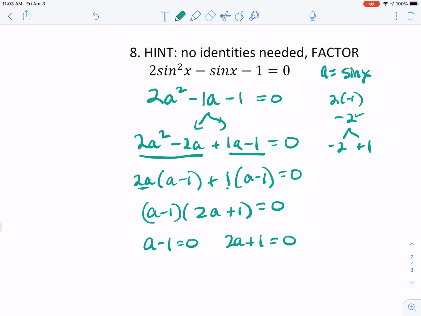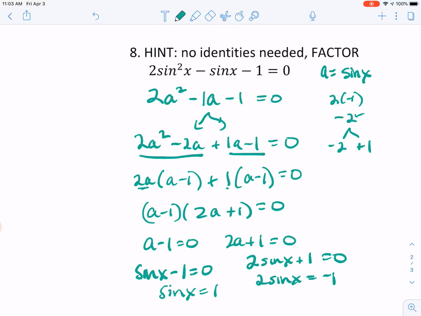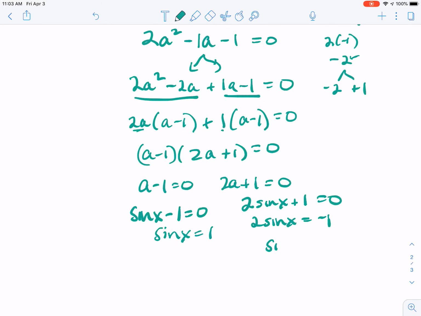And then we can go back at any time and put sine back in. So let's do that now. Sine x minus 1 equals 0, so we want to know where sine x equals 1. And 2 sine x plus 1 equals 0, so 2 sine x equals negative 1, and sine x equals negative 1/2.